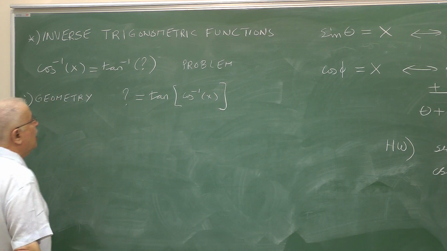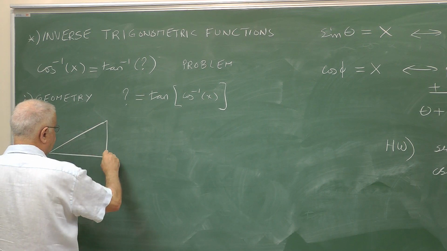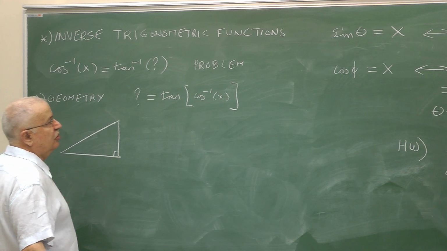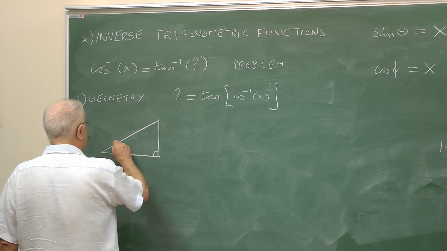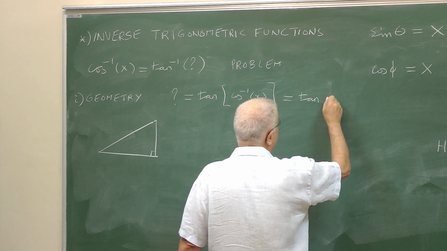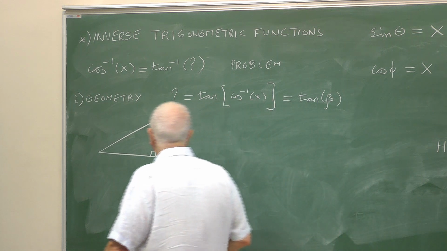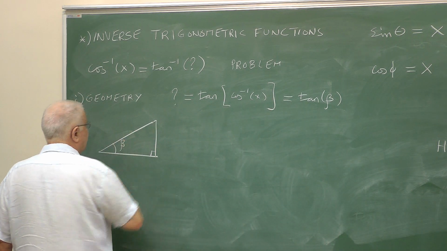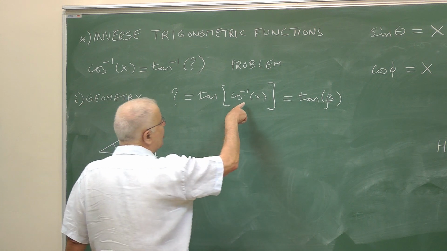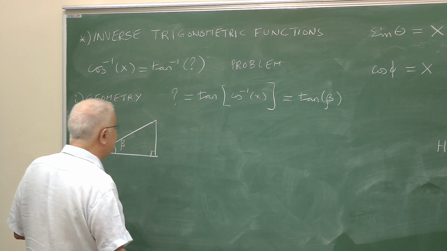So, I draw a nice right triangle. Then this cosine inverse x, let me tentatively call this tangent beta. So this is, let's say, my beta. I want beta to be arc cosine x, or cosine beta equals to x.